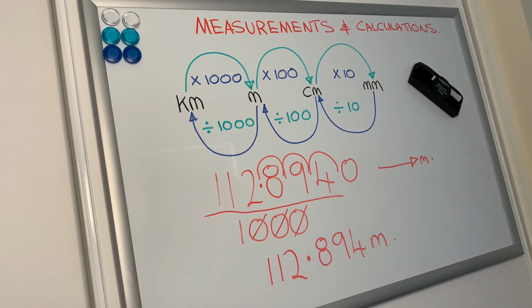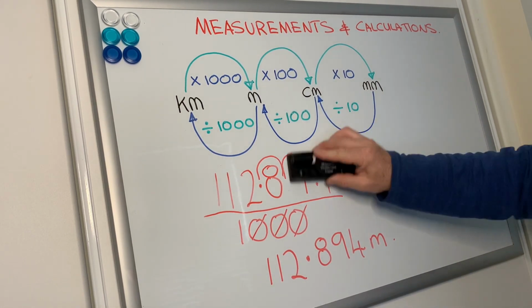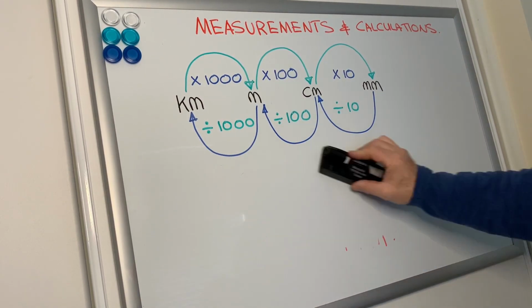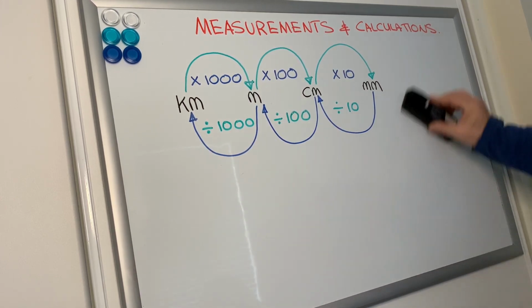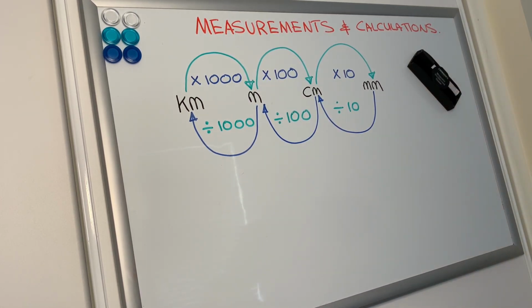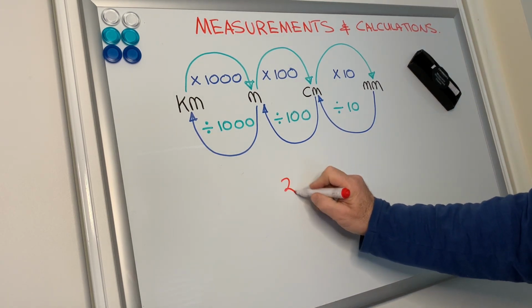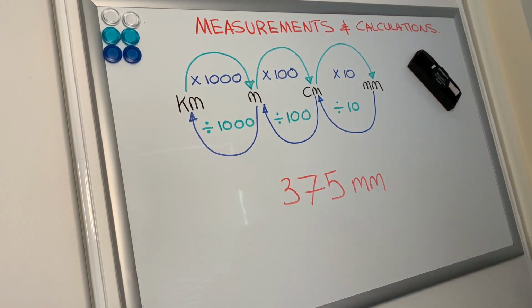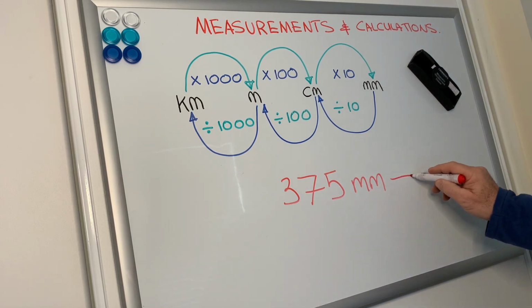Let's go through another example. Let's say we had 375 millimetres, and we want to convert that into metres.